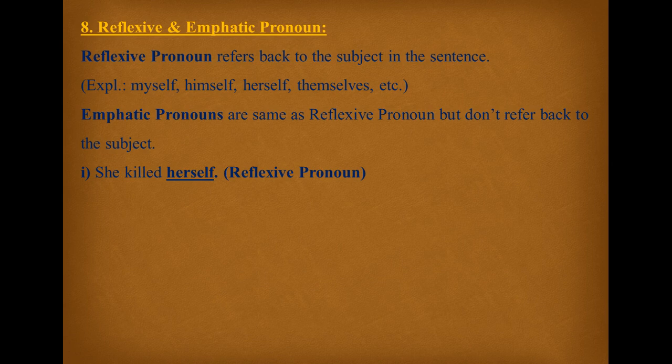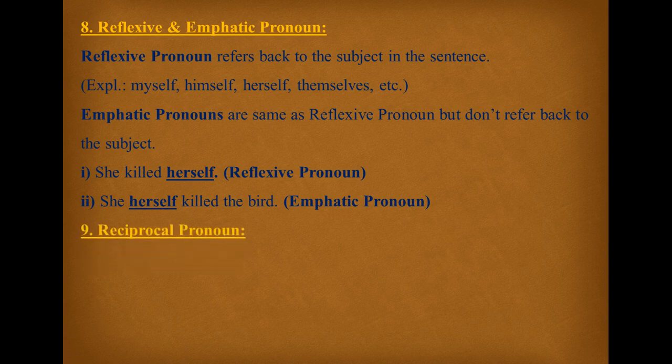So for this reason, it is reflexive. But if we see this sentence, she herself killed the bird, she imposed the work on the bird, not on herself. For this reason, it is an emphatic pronoun. So through these two examples, I think you may clearly understand what is reflexive pronoun and what is emphatic pronoun.